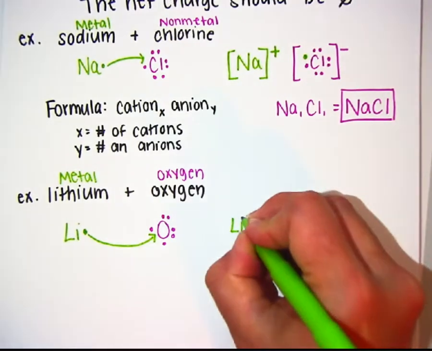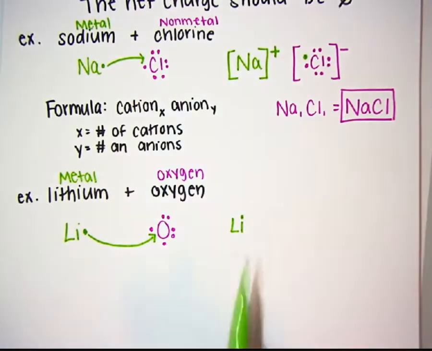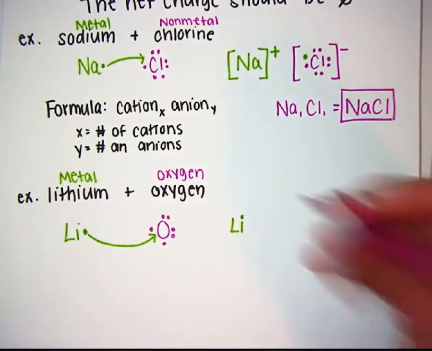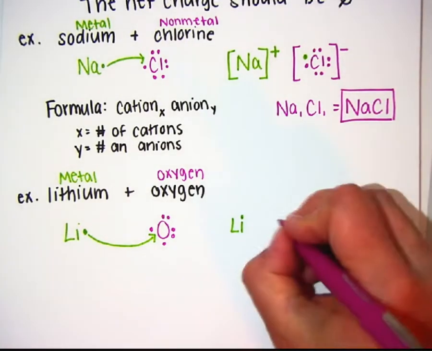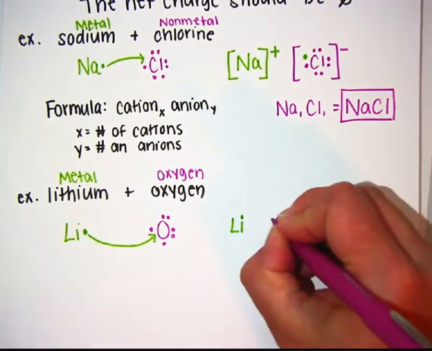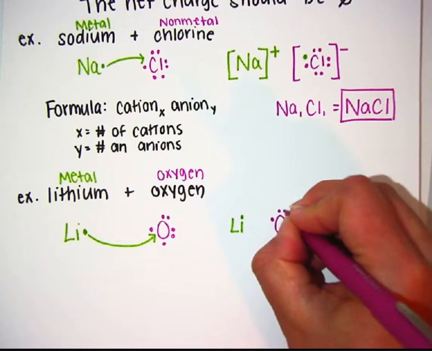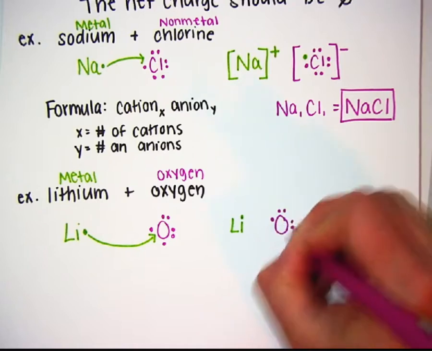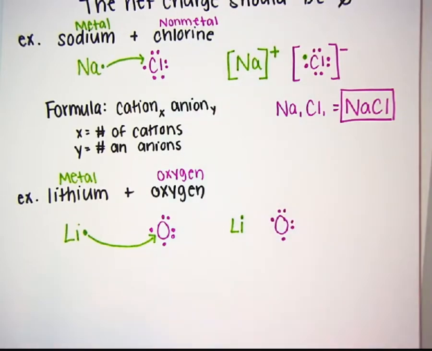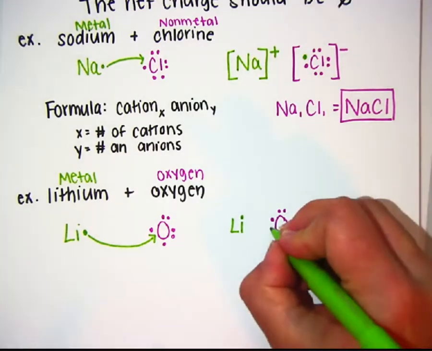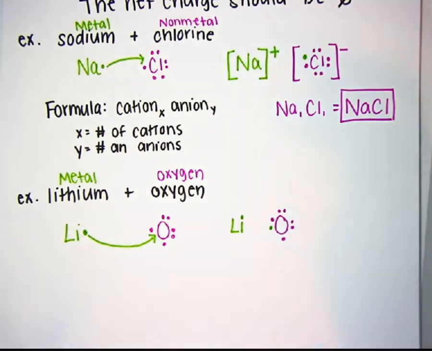Lithium transfers its 1 valence electron to oxygen. It now has 0. Oxygen is in group 6, so oxygen starts with 6 valence electrons. It gained 1 from lithium, so now it has 7. Remember our check. We need to continue adding until my anion has 8.